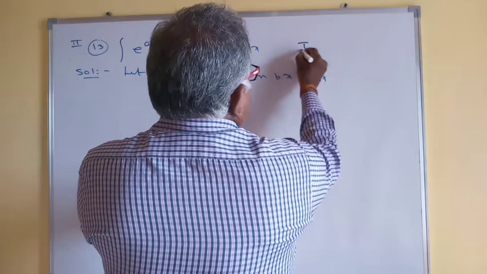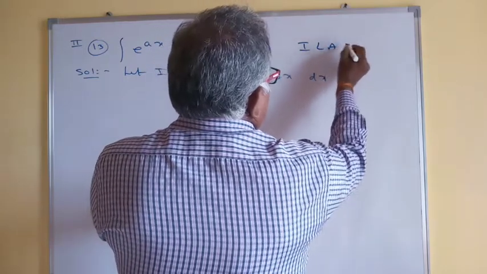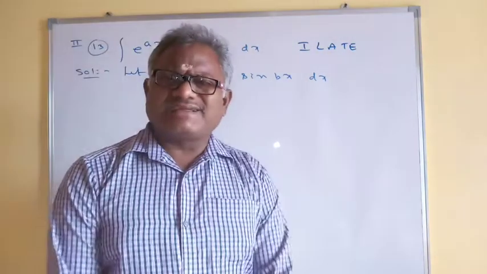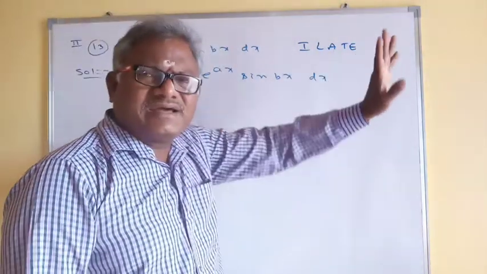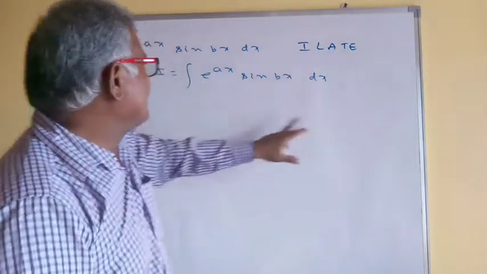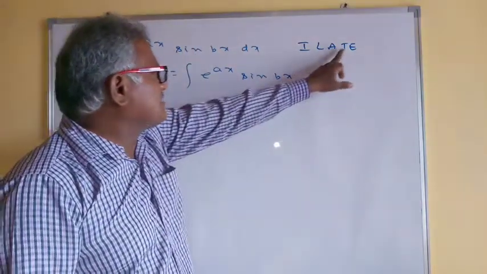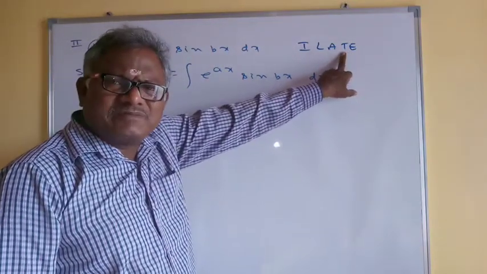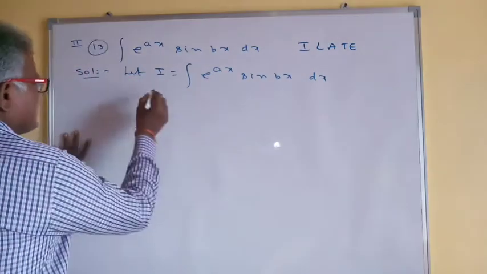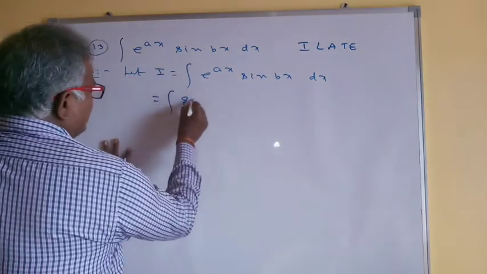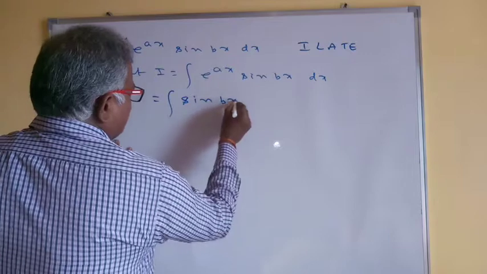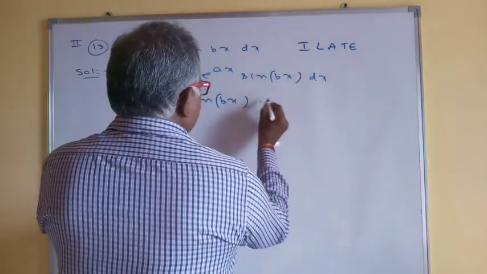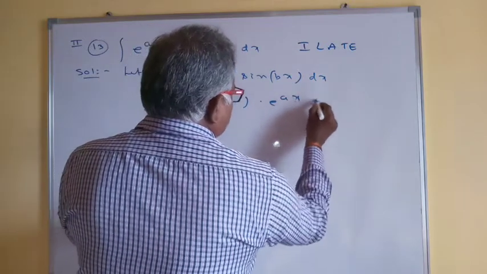Which function is to be considered as the first function according to the letters of the word ILATE? Here the trigonometric function comes first, so consider sin bx as the first function, and write sin bx into e power ax dx.